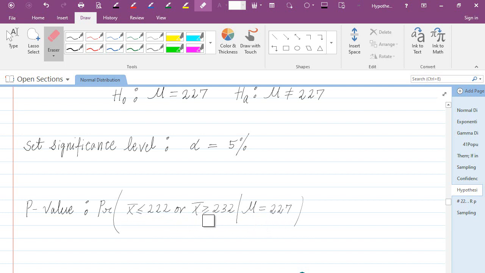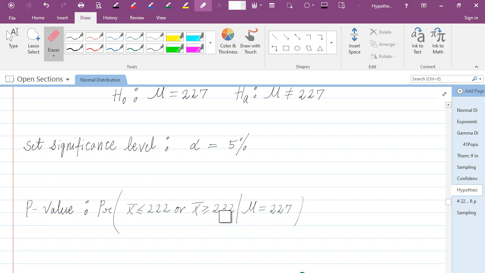And so we also have to look at the event that X bar is bigger than 227 plus 5, which is 232. The way I'm getting this 232: the distance between the observed sample mean and the population mean is 5, and I'm adding 5 to 227 to get 232.